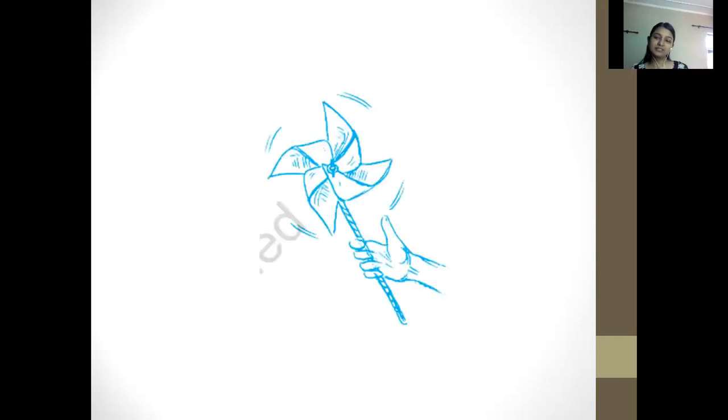So students, have you seen this before? Anywhere you have seen when you have played in the childhood with your toys, or also, maybe your elder brother, sister, or your cousins. Have you ever noticed this kind of tool, or we can say that this kind of toy? Yes, you might have noticed, but you might have forgotten.